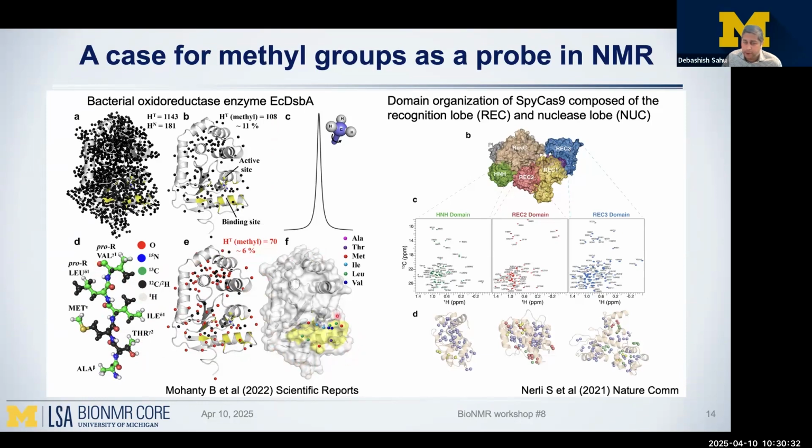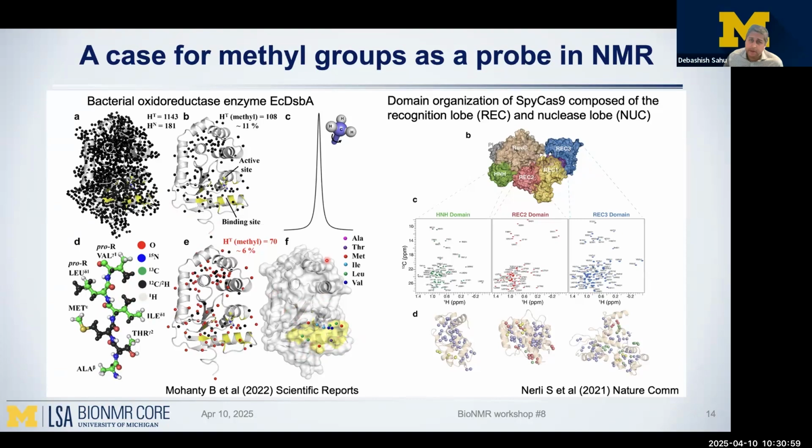Another important thing to note for this protein is that the oxidoreductase reaction happens in this region. So you have a lot of probes, especially these methyl probes, in this region of interest. This can report on the enzymatic reaction, the structure, or the interaction happening for this particular protein.